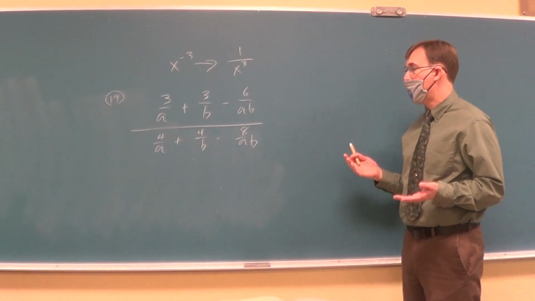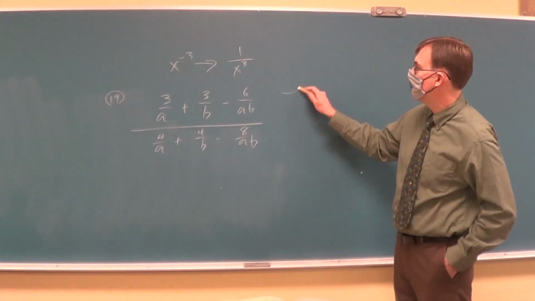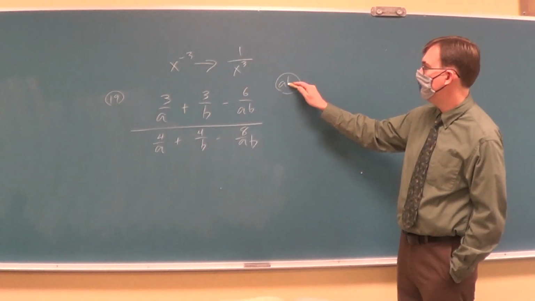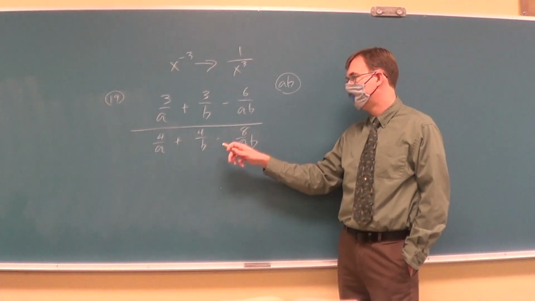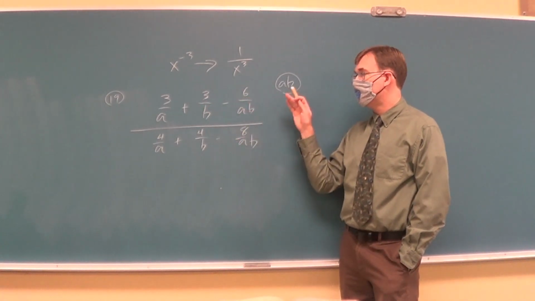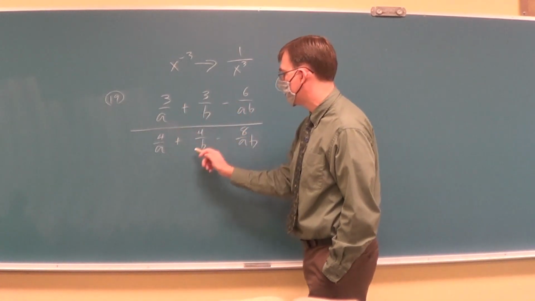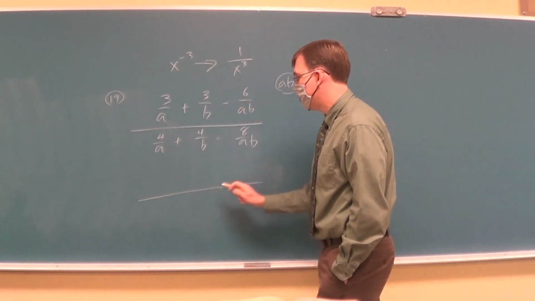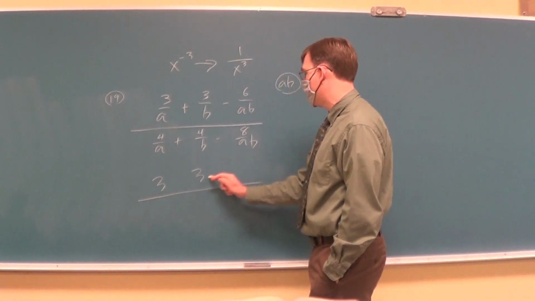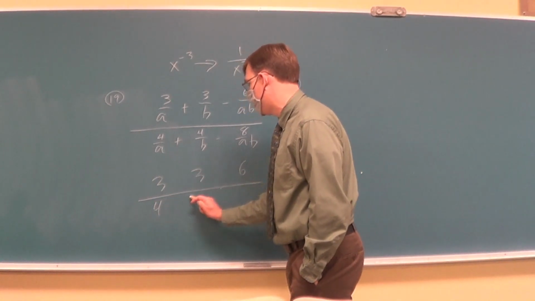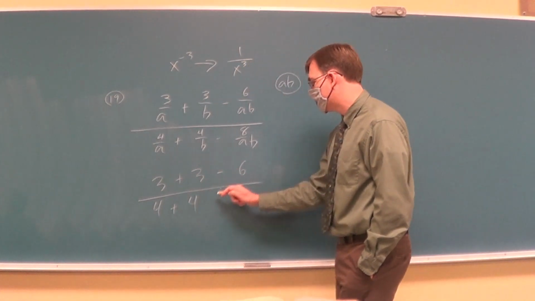So always first, look at all of the bottoms. We see A's, B's, we pick an LCM, AB. The goal of this LCM is to do what again? Multiply. It's going to multiply, but what's its goal? What's it going to accomplish? It's going to cancel. We're going to cancel all of these bottoms. So when we move ahead a step, probably still a 3, a 6, probably a 4, an 8, probably all these signs still there.